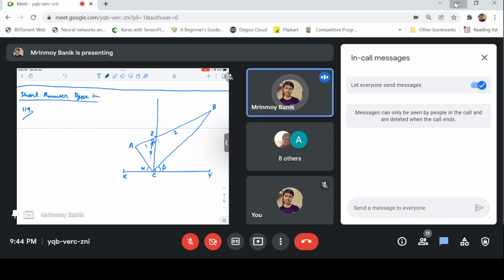So this is 116: in triangle ABC, show that sine A plus sine B minus cos C is less than or equal to 3 by 2.